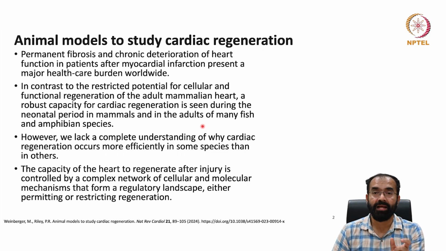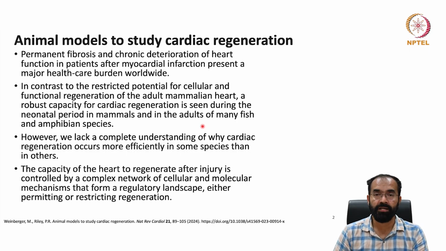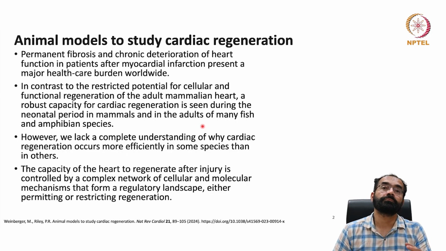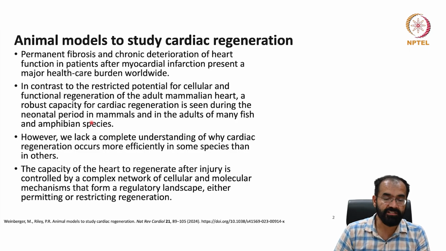Neonatal mammals, adult fish and adult amphibians are able to cope with an injured heart. But in adult mammals, the damage does not result in a regenerative response. That is the time when you get cardiac trouble, not during your neonatal phase. Hence, the ability to intervene to cause a proper regenerative response in adults is very important for mammalian species.